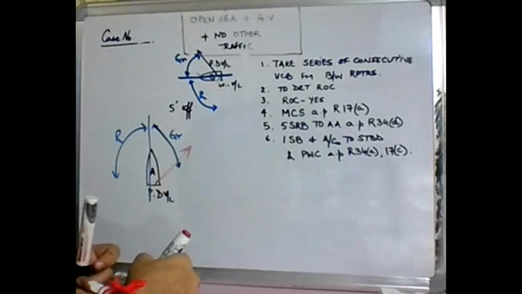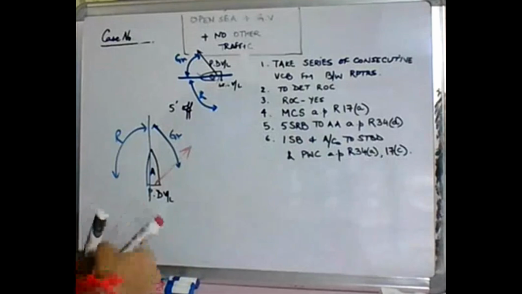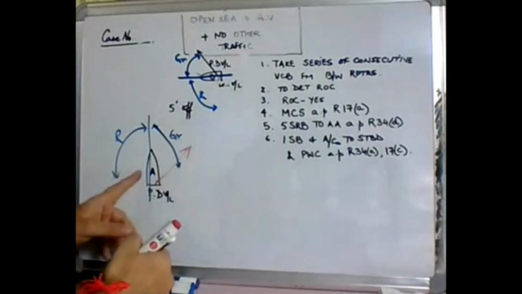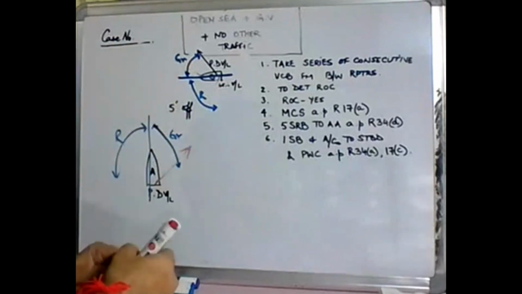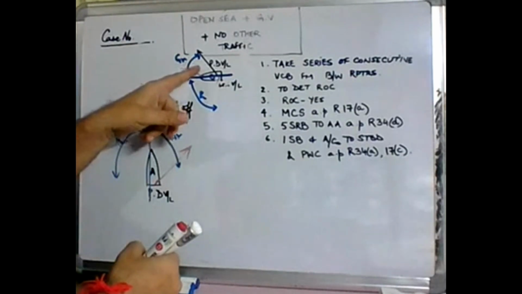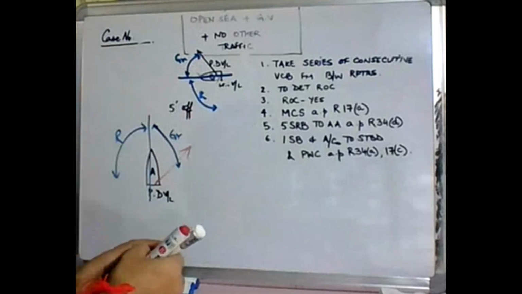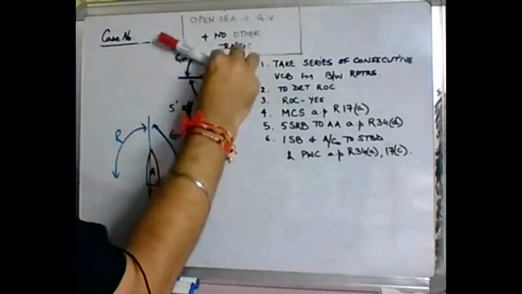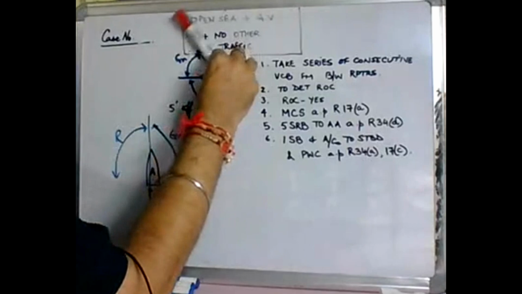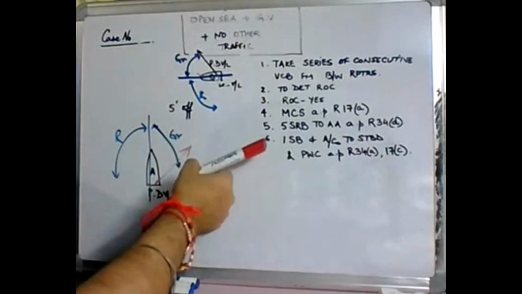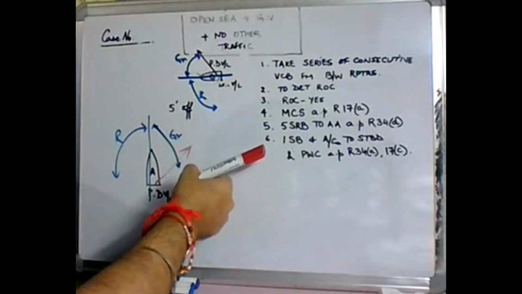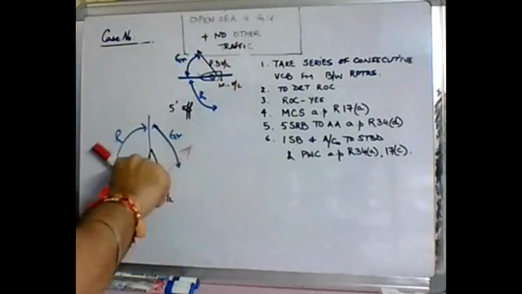then 2-3 possibilities exist. One, you are letting A know that I am awake and I know my ROR, and there is no way I'm going to go to port. So, which means by altering like this, you are showing to this guy that you need to alter to starboard. Supposing you alter to starboard and he alters to port.